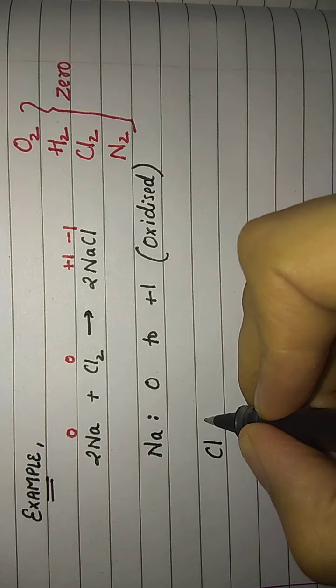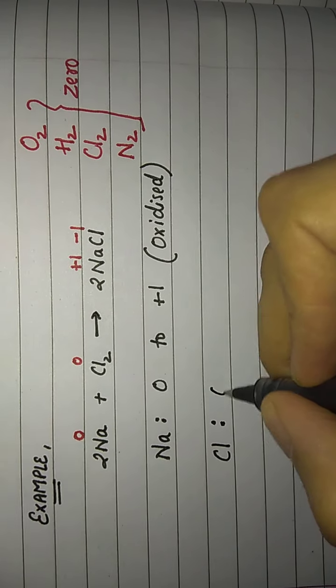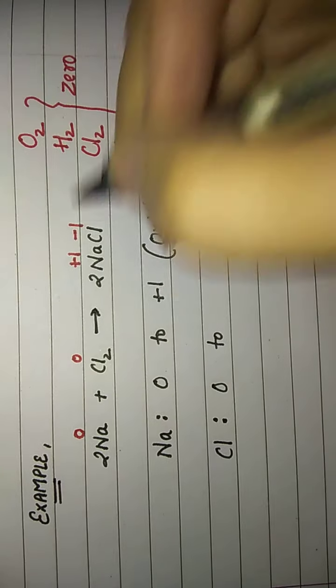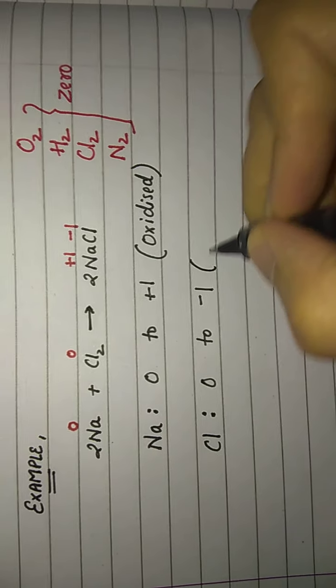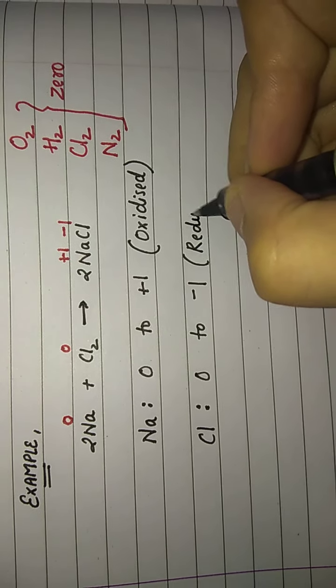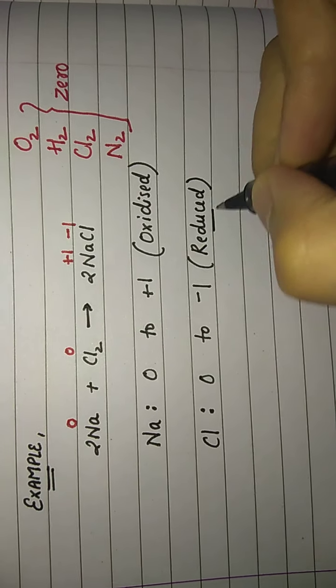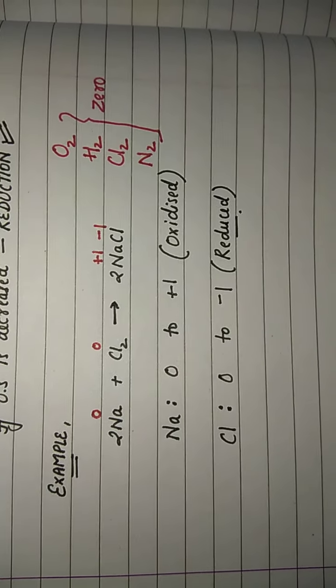Let us see for chlorine. It is moving from 0 to -1. 0 to -1 is a decrease, so I will say that chlorine is reduced in this particular reaction.